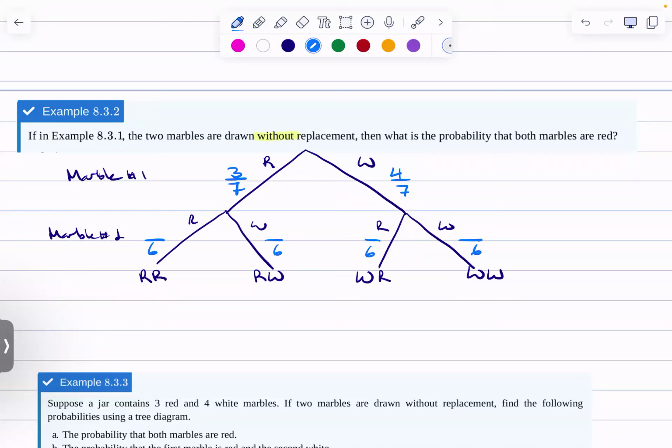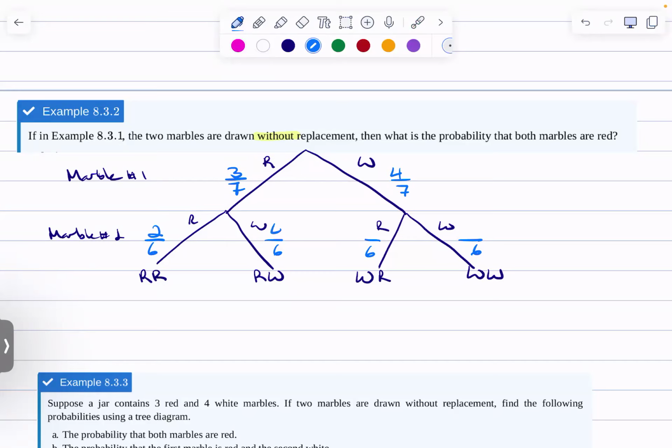Well, now the numerator depends on, and later we'll start calling that conditional on, what the first marble was. Okay? And so if you draw a red marble first, then there are only 2 reds for the second marble.